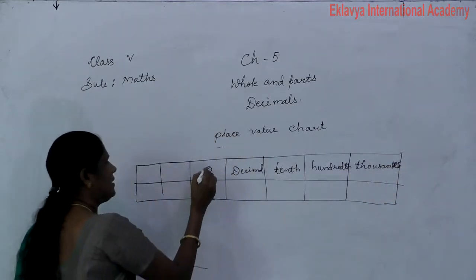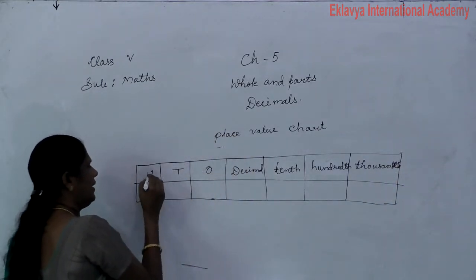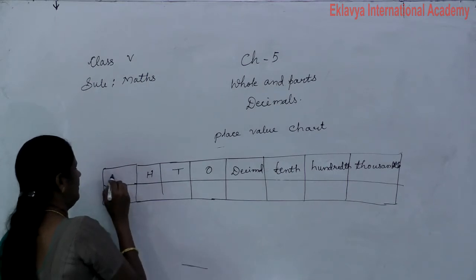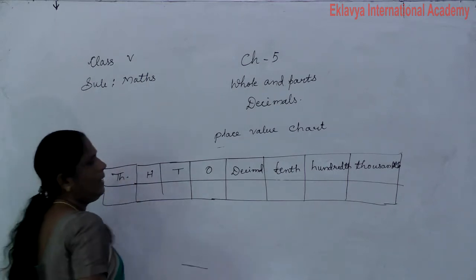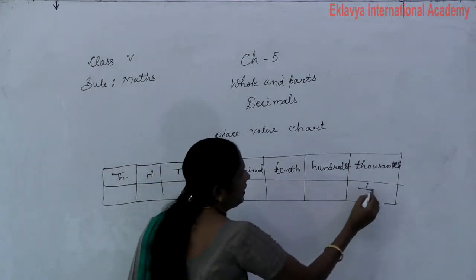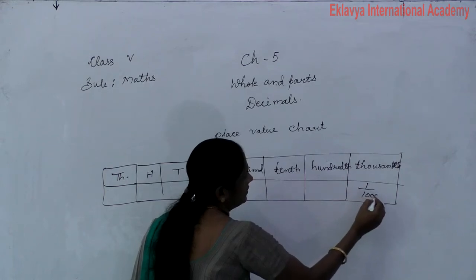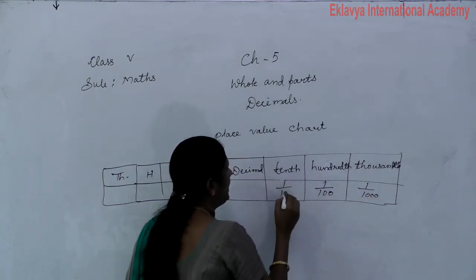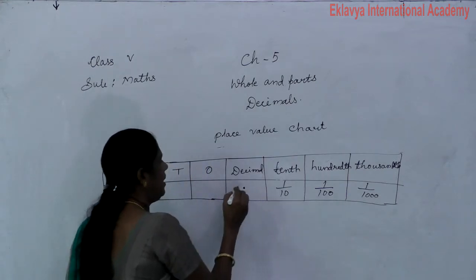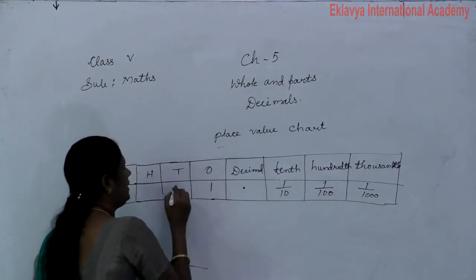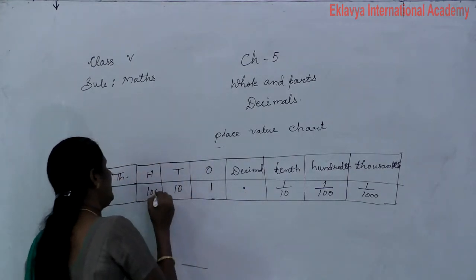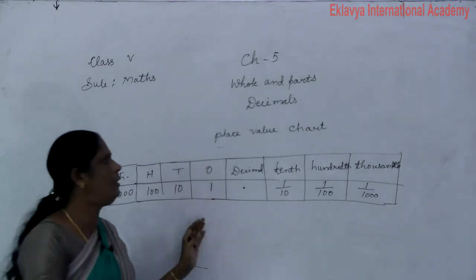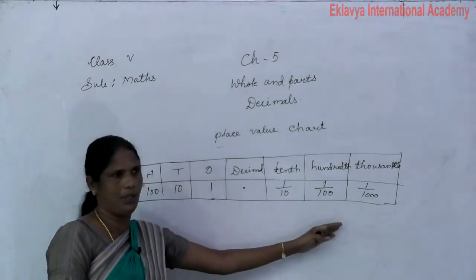Here ones, tens, 100, 1000, 10,000 and so on. Here 1 by 1000th, here 1 by 100th, here 1 by 10, here the decimal point, here 1, 10, 100, 1000. This is the place value chart of decimal.